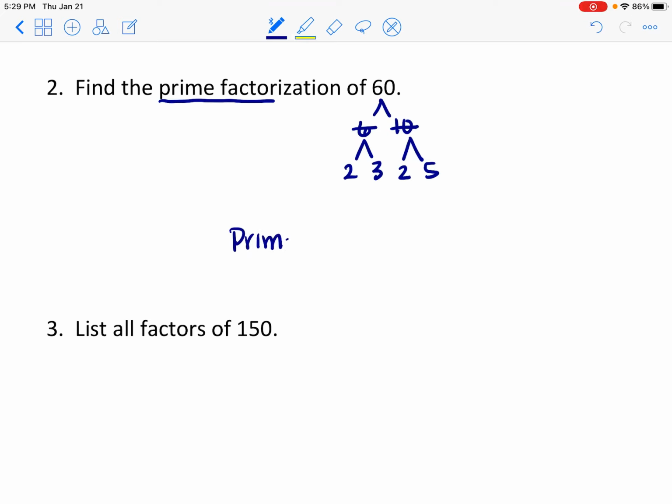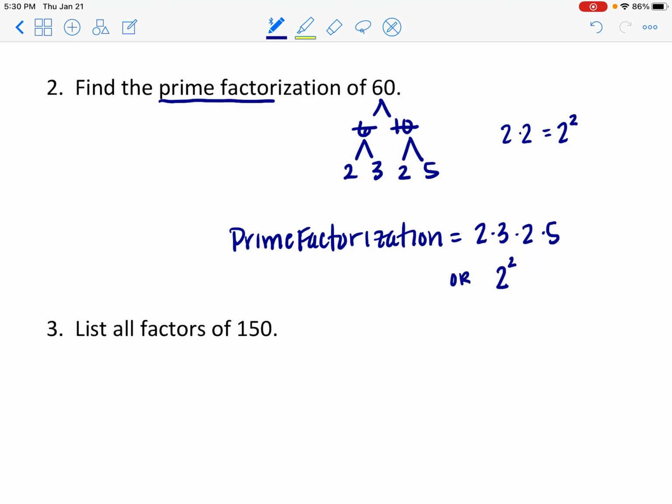So we would say the prime factorization here is, we could say 2 times 3 times 2 times 5, or you may see this condensed because you have two 2's in there. 2 times 2, we could shorten that and say that's 2 squared. And so you could also see this written as 2 squared times 3 times 5, but either one is acceptable. Okay, so that is the prime factorization. That's a list of the prime factors that make your number.